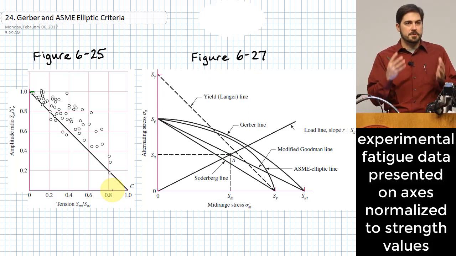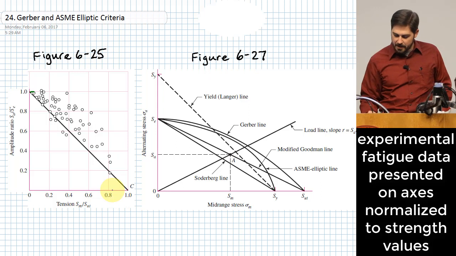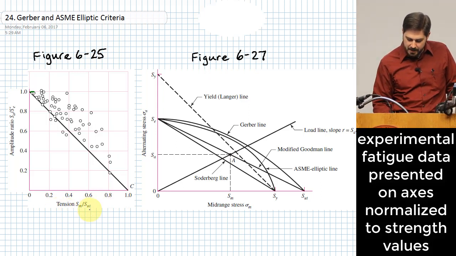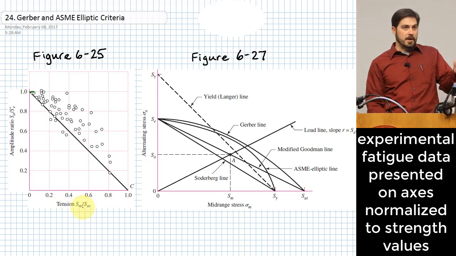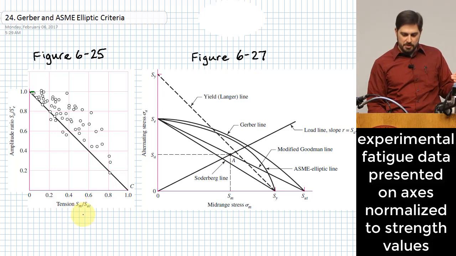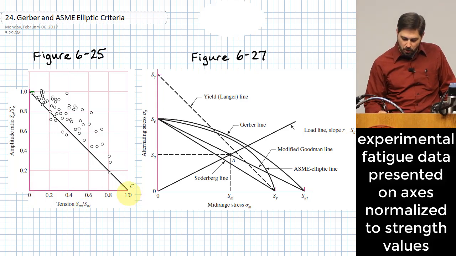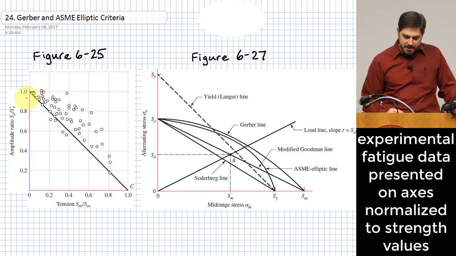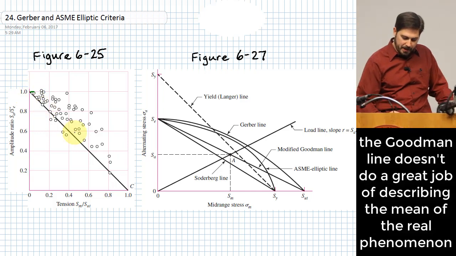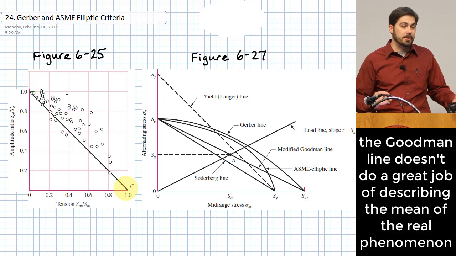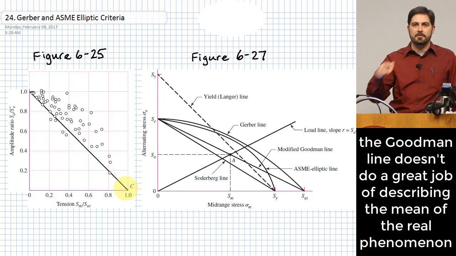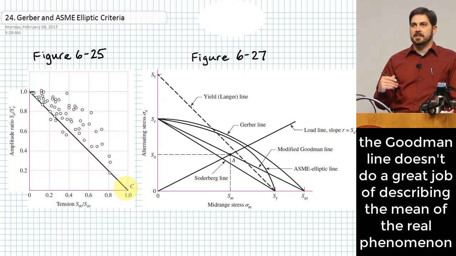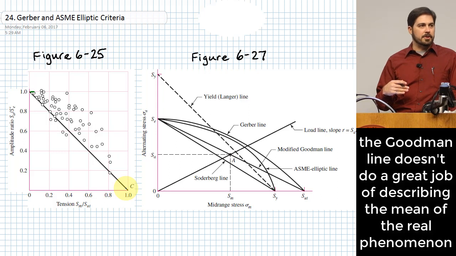Okay, so that's the two axes that we're dealing with there, and they are normalizing these two axes by dividing the stress values by the strength values, which is why they wind up being from 0 to 1 and from 0 to 1. All right, and you'll notice that this black line that passes by the data is the Goodman line that we looked at last time.